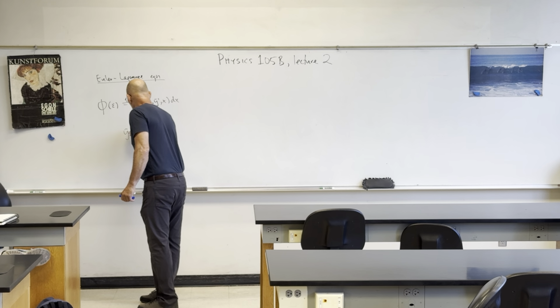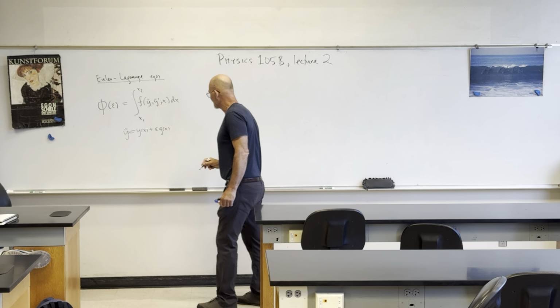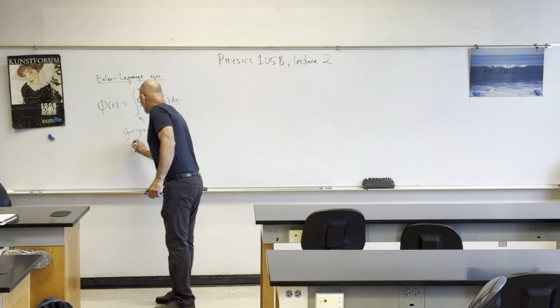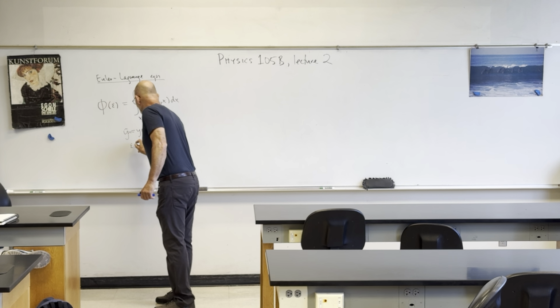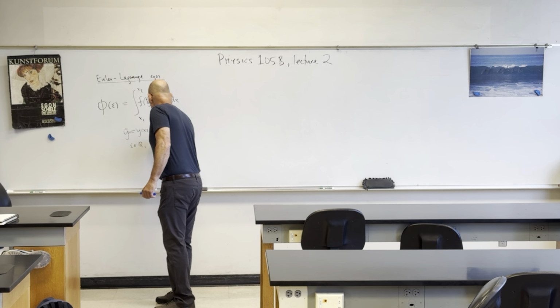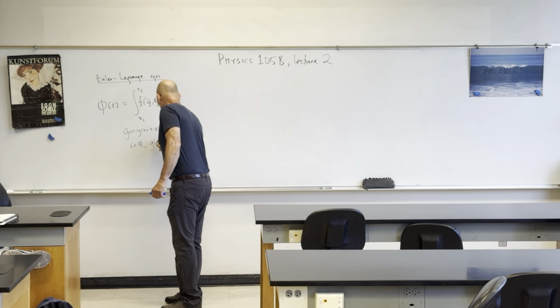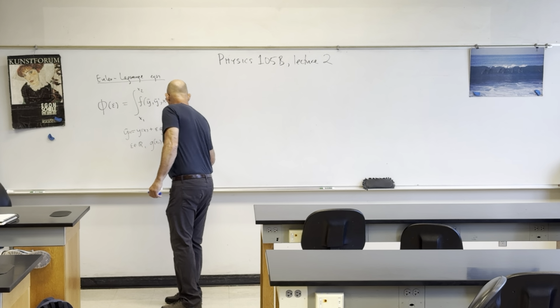I'll put an argument here as well. And the epsilon was just a real number, it tags this thing, so to speak. And the g was vanishing at the endpoints. G of x2 equals 0.